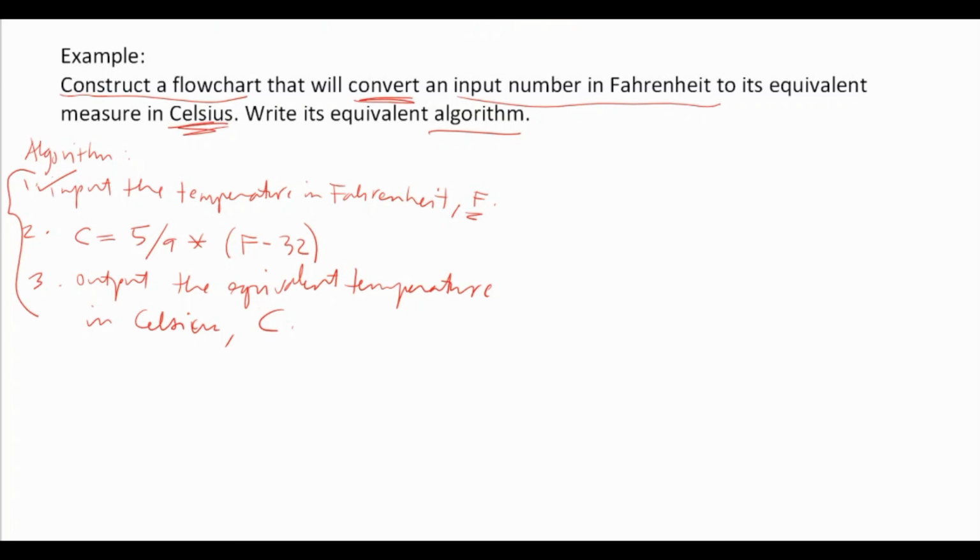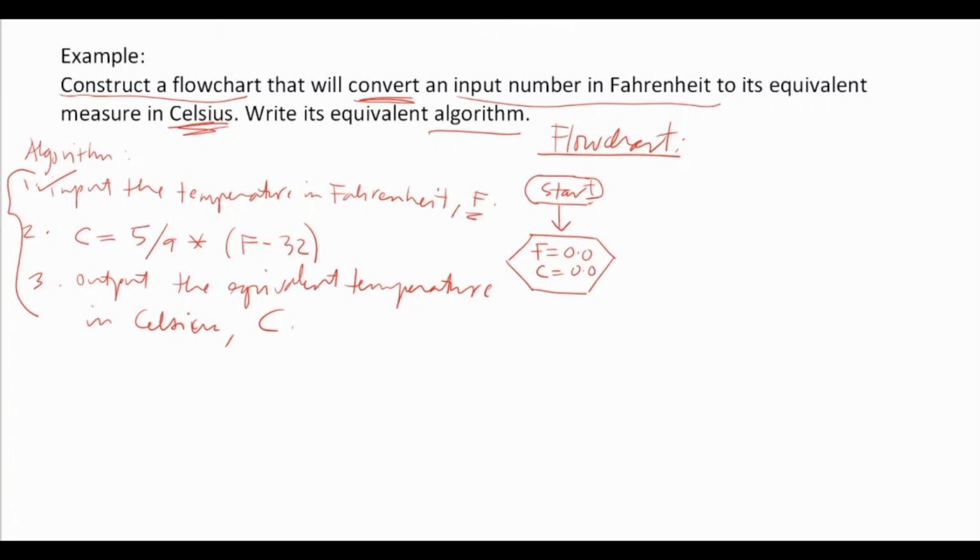So how about the flowchart? We start with this symbol, the terminal symbol, and we label it with start, and then a flow line. You could initialize the variables we use. What are the variables we use? F to 0.0 and C to 0.0.